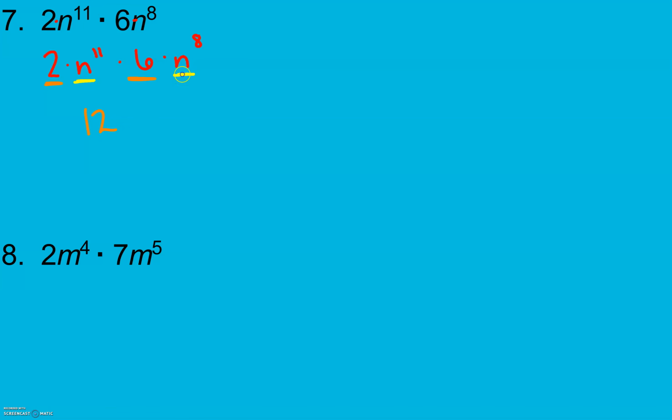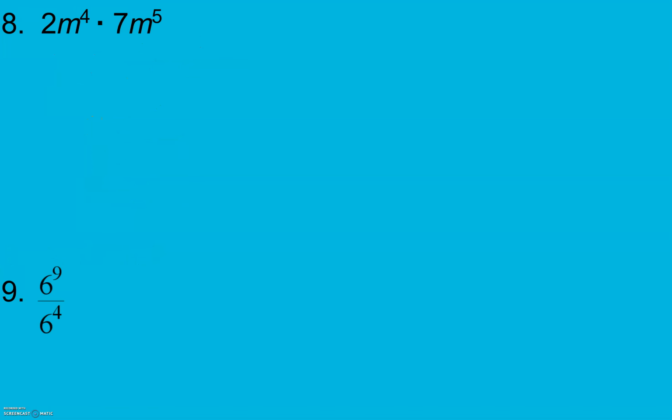Here I'm multiplying powers with the same base. These are the powers because they have the exponent on them. The 2 and the 6 are just a 2 and a 6. So I keep that base. And because I'm multiplying, I can add my exponents. So I can take 11 plus 8, which is going to give me 12 times n to the 19th power.